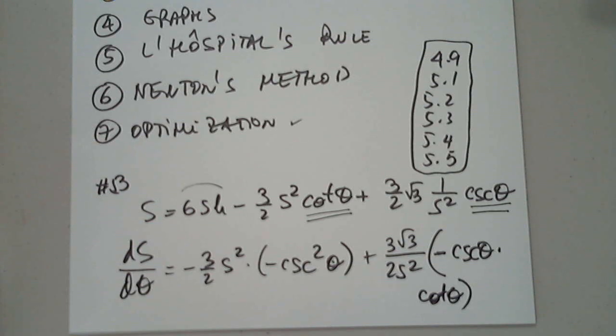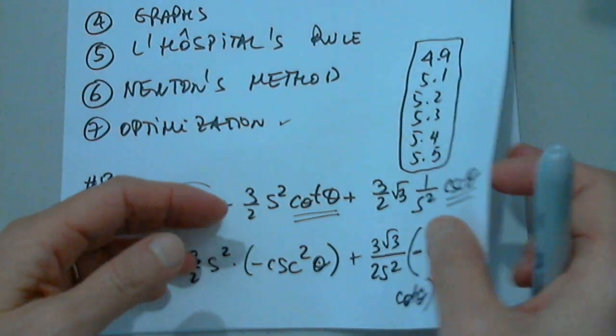So it says we're asked to minimize the surface area. So find the minimum for this function. So in order to minimize this function, first of all, I have to set it equal to 0, and then find the theta for a minimum. Okay, perfect. So let's set it equal to 0. See what happens.